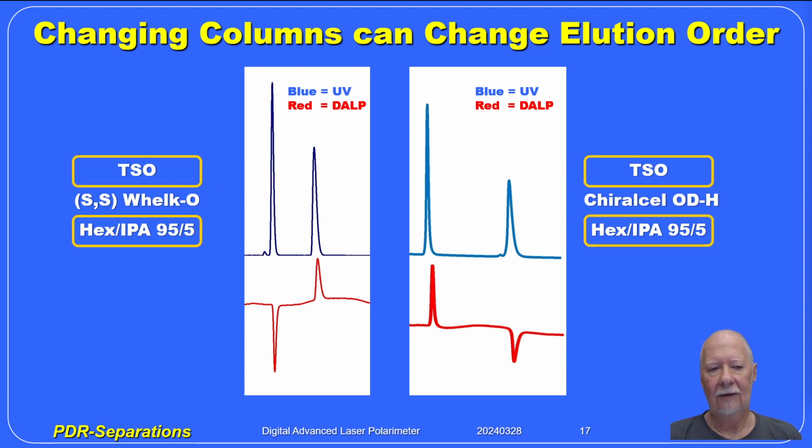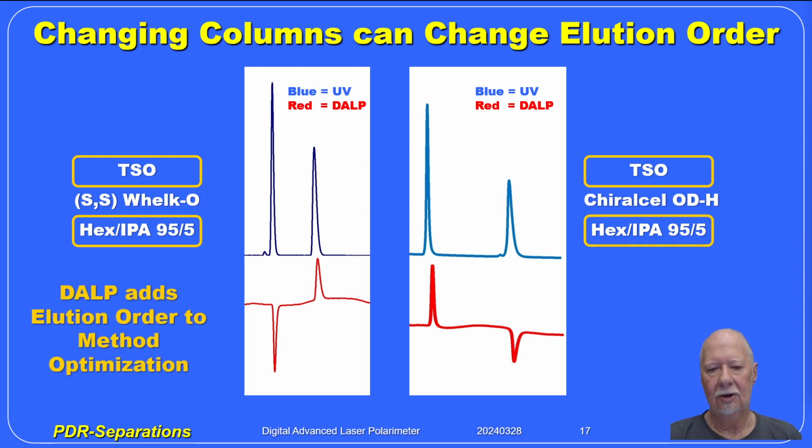So notice they have the same analyte, the same eluent, but their elution orders are opposite. So here is a case where you can change elution order and add elution order to method optimization.